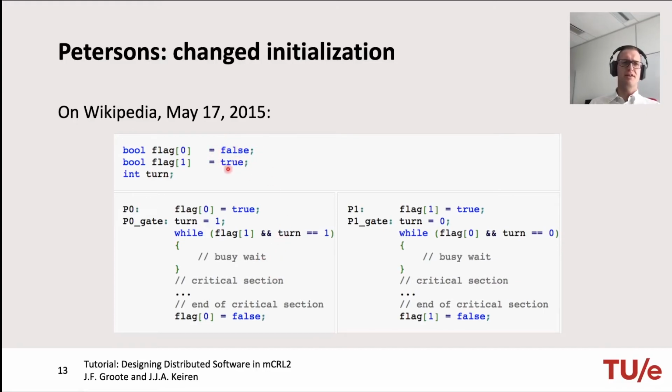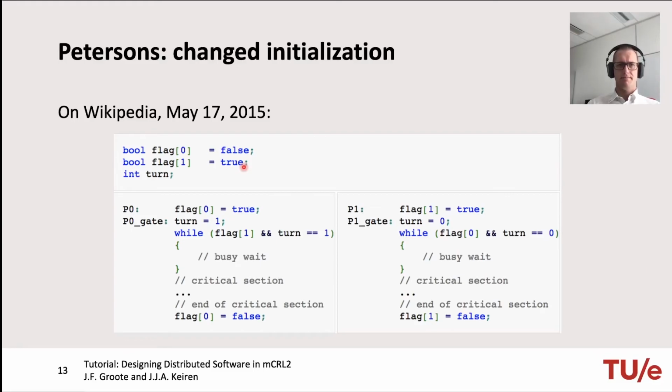In the initialization, the flag of process 1 was initially set to true, and the flag of process 0 was set to false. So basically, this means that process 1 has already requested access to the critical section. Now we can wonder, does this in any way affect the correctness of the algorithm?